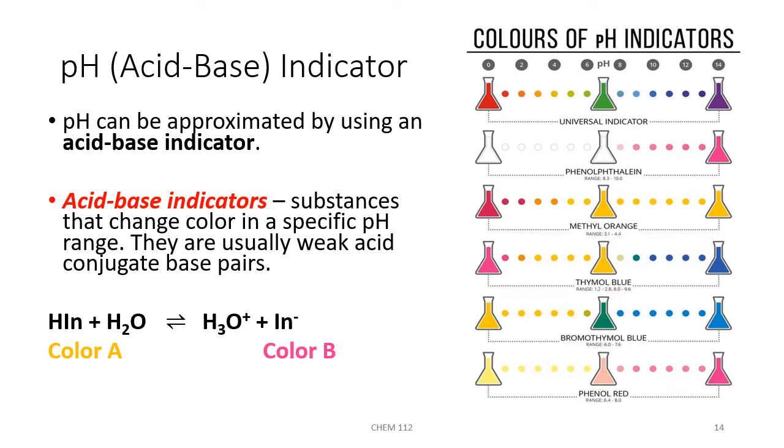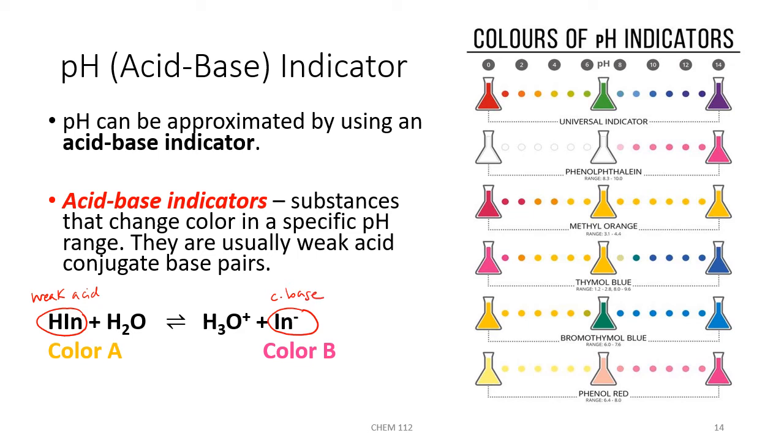We'll talk in depth about acid-base indicators later in this chapter, but for now you might just want to know that an acid-base indicator is a substance that is made up of a weak acid and its conjugate base in solution. It has a mixture of both of them, and usually the weak acid is one color and the conjugate base is another color.